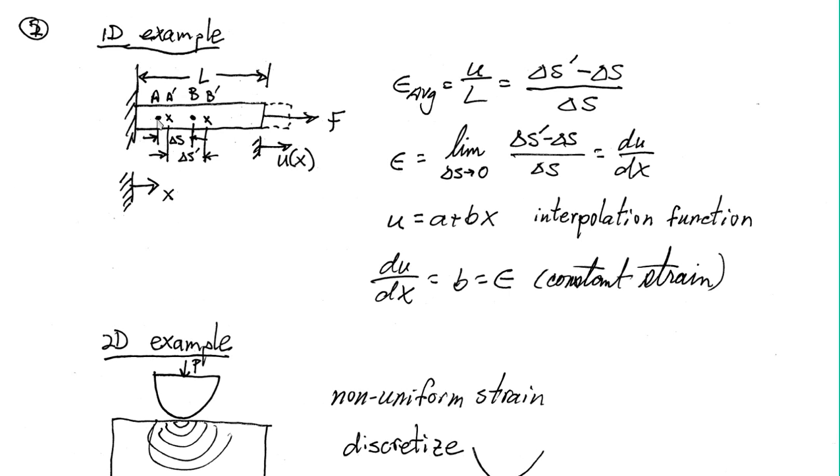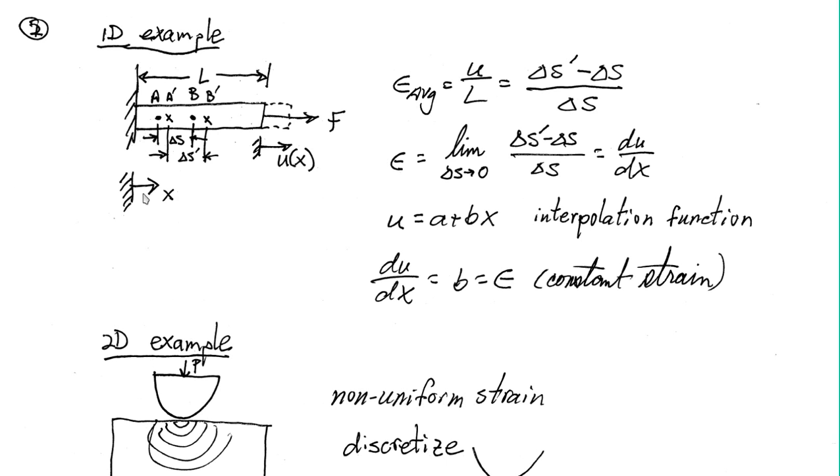Imagine that you draw 2 dots on this bar at point A and point B, and this has a length of delta S. Then we're going to apply a force F, and we're going to stretch this bar out to this location. So we're defining my displacement at the tip of the bar from that point out, and that displacement is u of x.